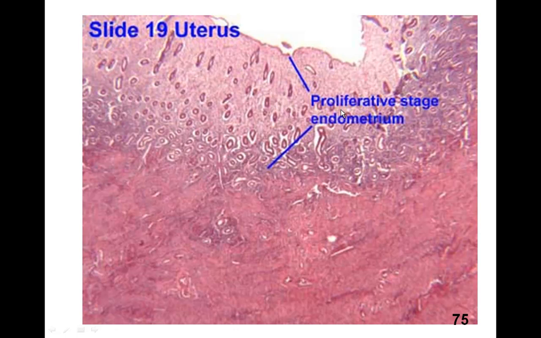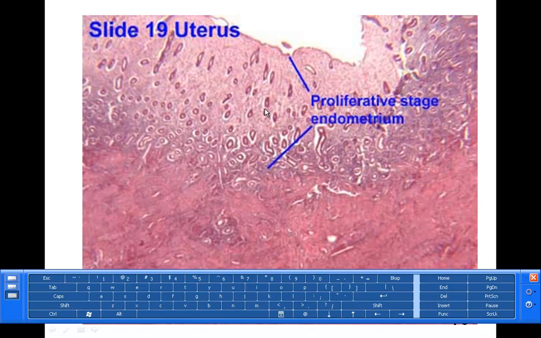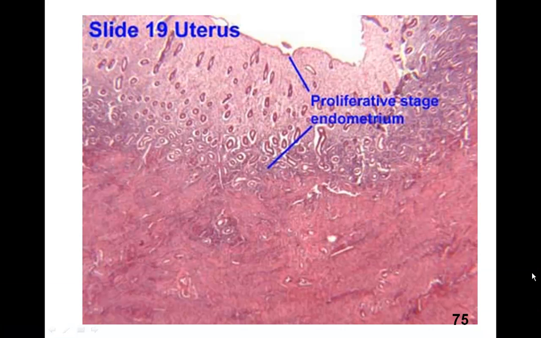This is a slide taken from a uterus in the proliferative stage. The proliferative stage follows the menstrual stage. This is the time period during which cells in the stratum basalis are dividing and replacing the cells of the stratum functionalis.